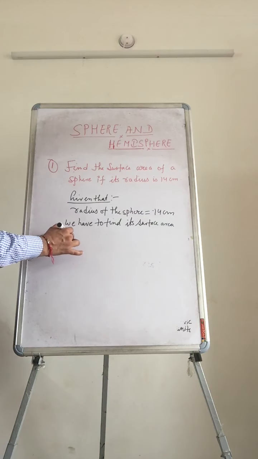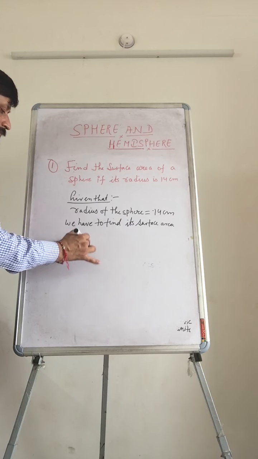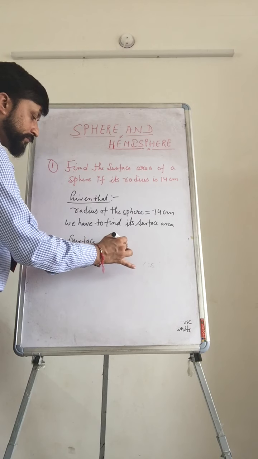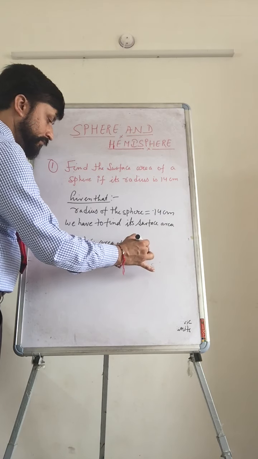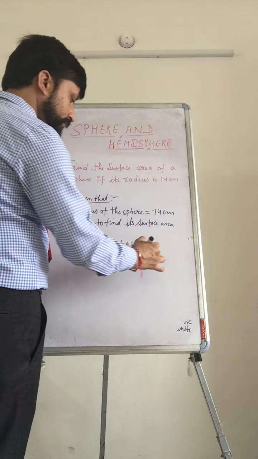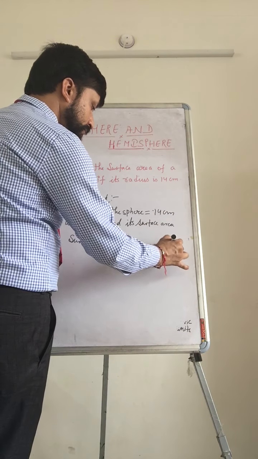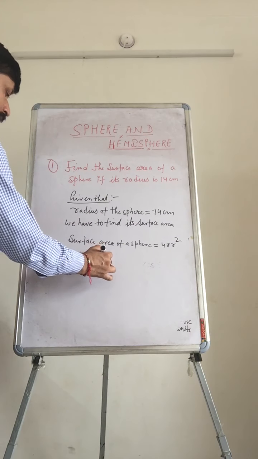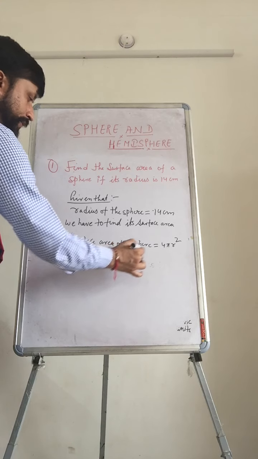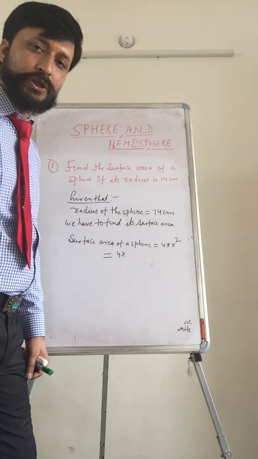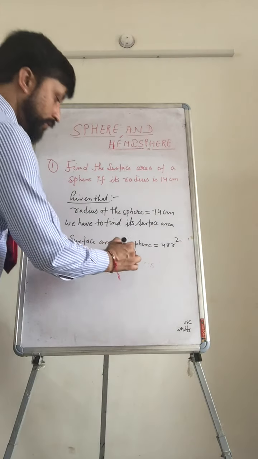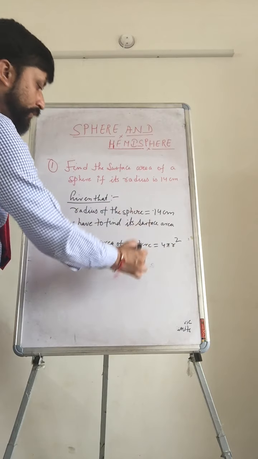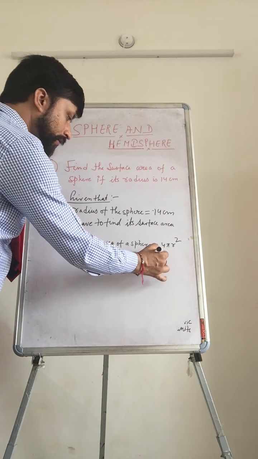Now, surface area of a sphere is four pi r square. Therefore, we will get the answer: 4 into pi. Value of pi is always fixed, which is 22 by 7. So write here 22 by 7, and the r value is given, 14 into 14.